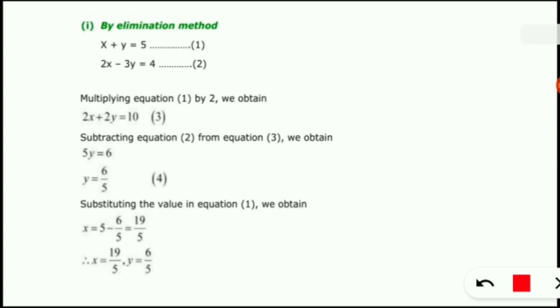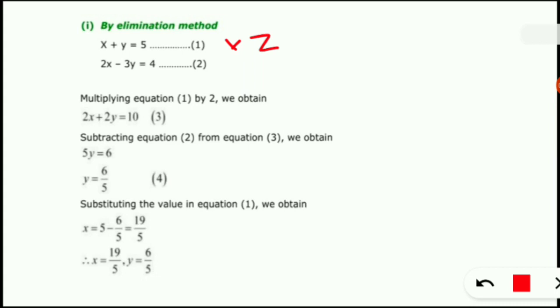So the equations are x plus y equal to 5 and twice x minus thrice y equal to 4. So multiplying equation 1 by 2 we obtain, that means this into 2, so twice x plus twice y equal to 10.